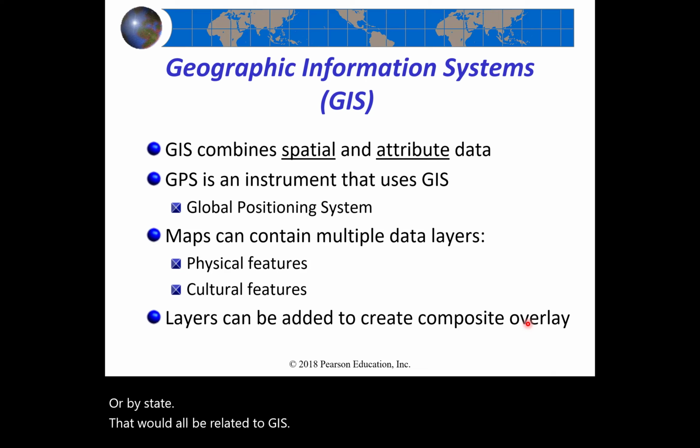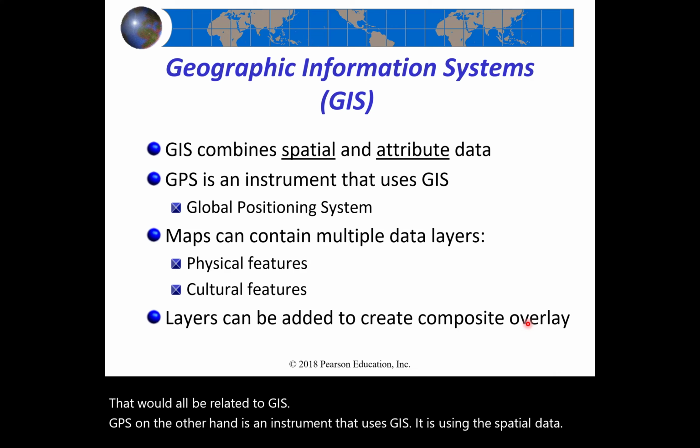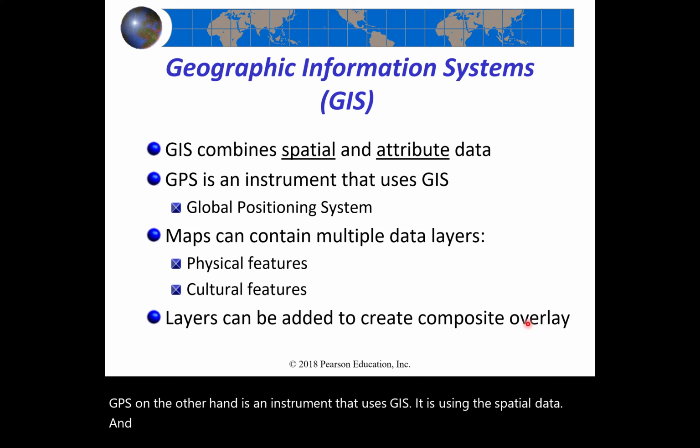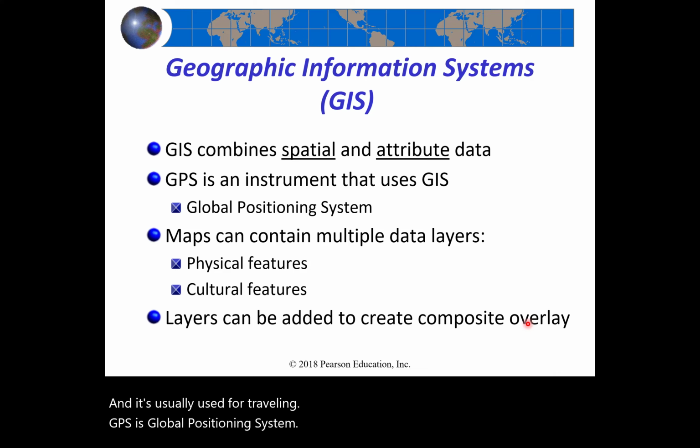GPS, on the other hand, is an instrument that uses GIS. It is using the spatial data, and it's usually used for traveling. GPS is Global Positioning System, and so it can give you your location globally, ideally.